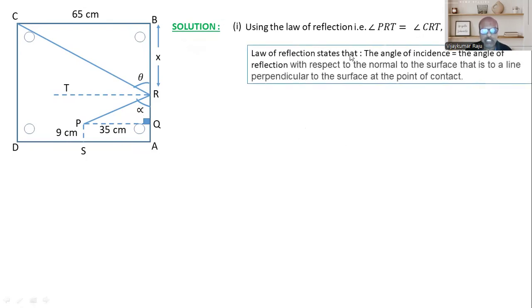The law of reflection states that the angle of incidence is equal to the angle of reflection with respect to the normal to the surface, that is, a line perpendicular to the surface at the point of contact. This line is the normal. This is the point of contact and this is perpendicular to the surface. This is the law of reflection.